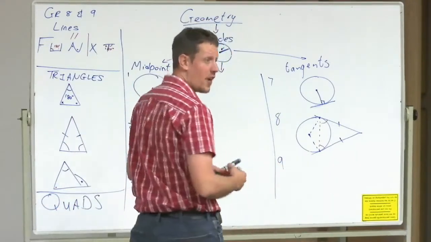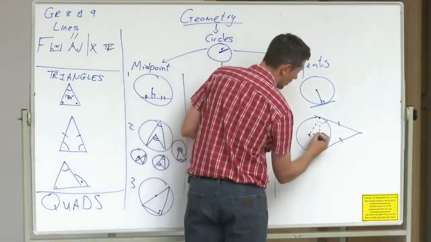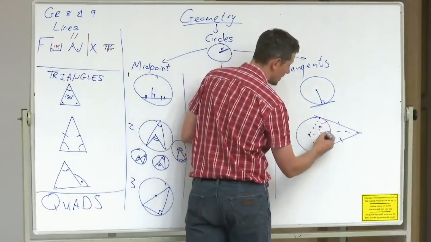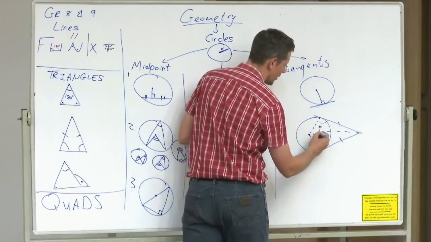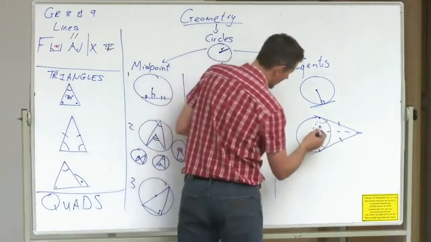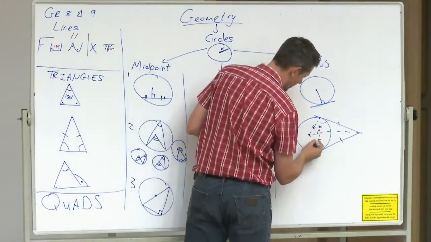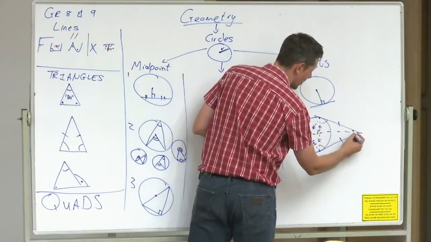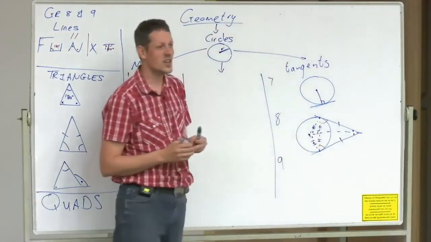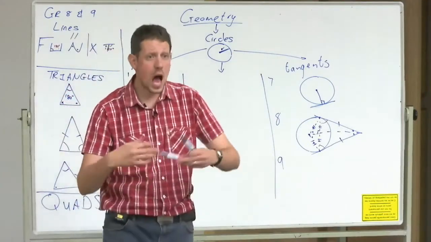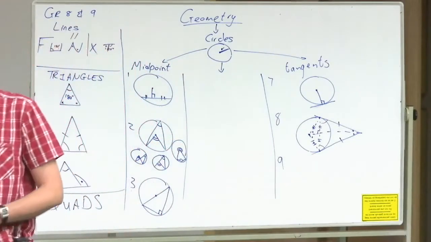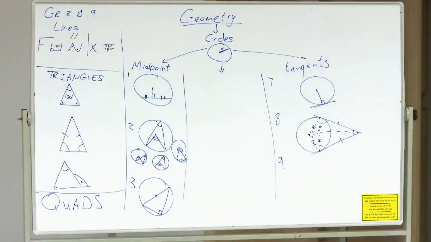Which means if I connect this point to that point, what properties do I have? Well, it must cut that one into, there has to be a 90 degrees. Okay, those radii are going to be equal. Those angles are going to be equal. Guys, there are so many properties that I haven't even written all of them in for a kite. But please, just pause for a moment.